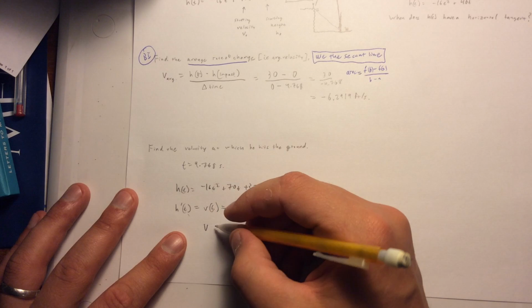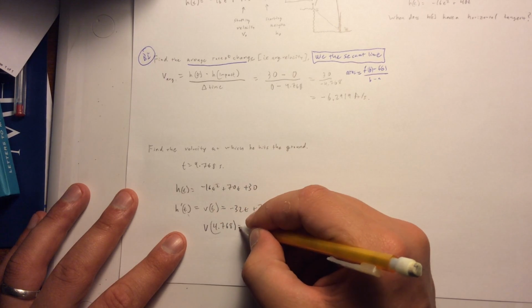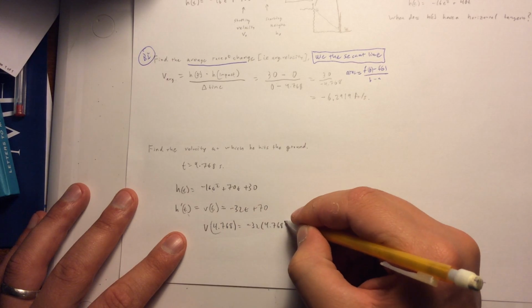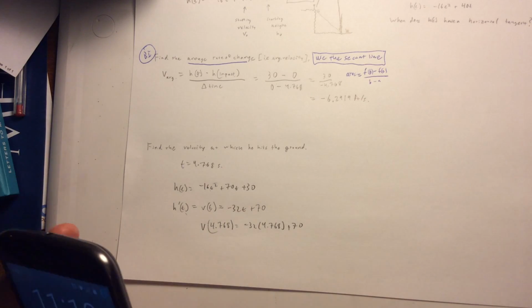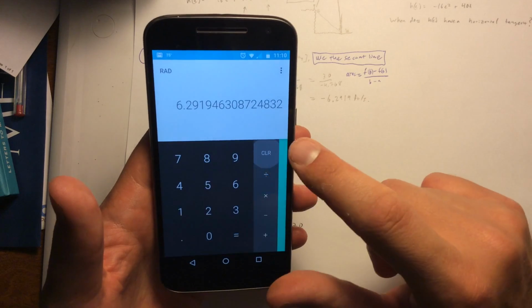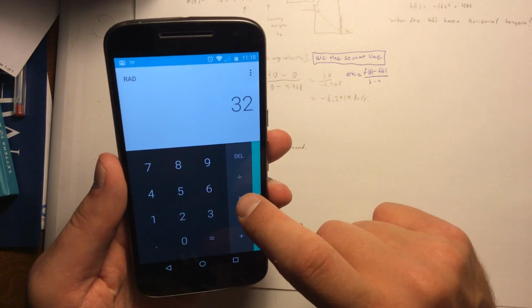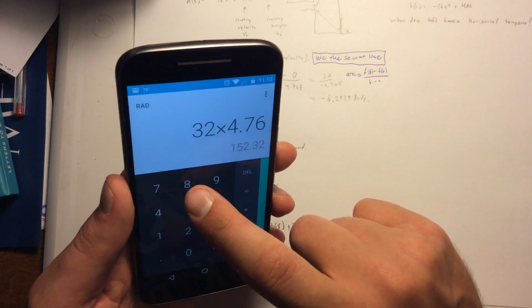So, what was his velocity at 4.768 seconds? Negative 32 times 4.768 plus 70. Let's find out. 32 times 4.768.